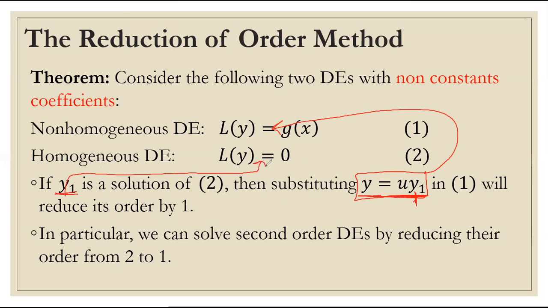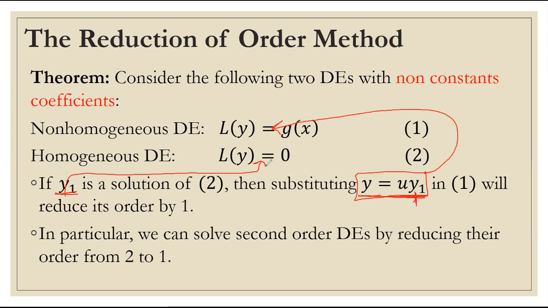Don't forget that the reduction of order method is very important because it helps me solve homogeneous or non-homogeneous differential equations with non-constant coefficients. So if your differential equation has non-constant coefficients, you need to use the reduction of order method. Okay? Did you get the idea? When can I use the reduction of order?